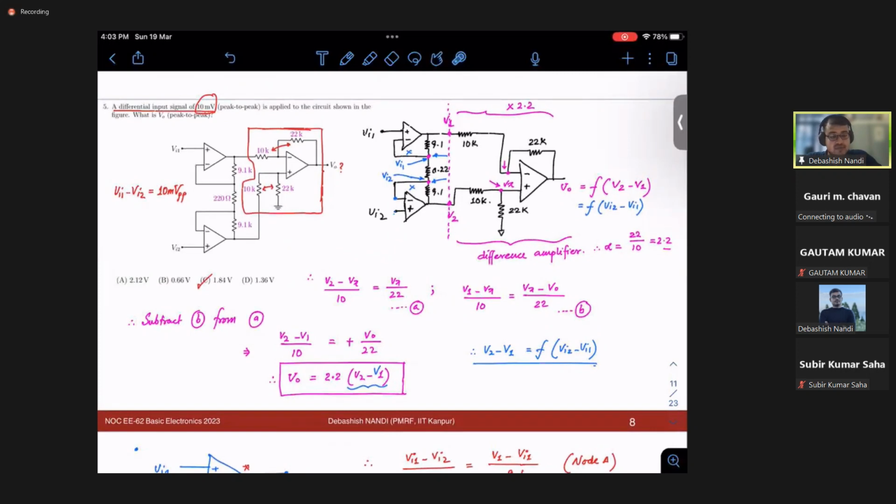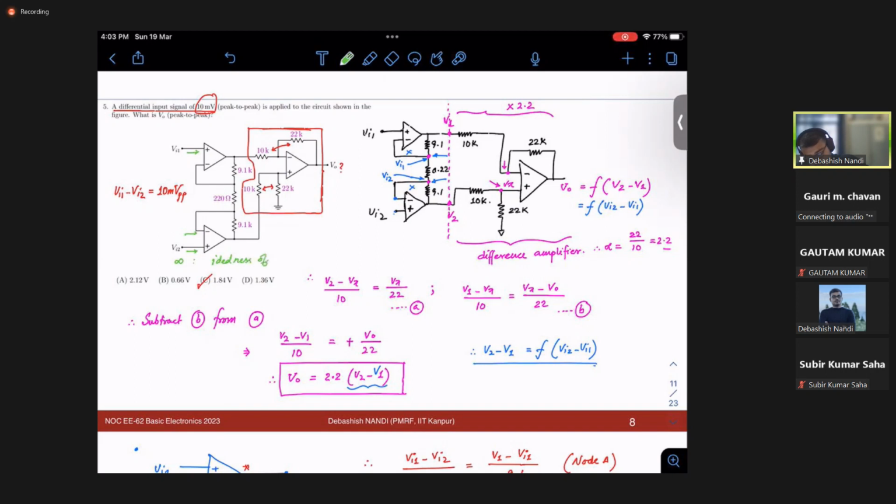Okay, so let me tell you why we need it. One thing you can see is that the input impedance looking at the nodes here is infinity, representing the idealness of the op-amp.